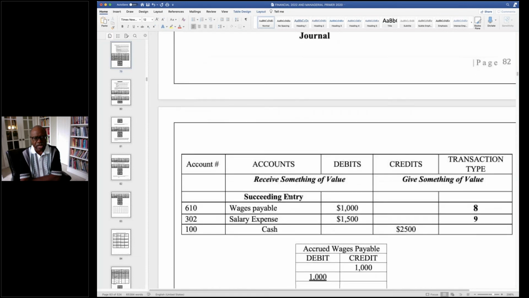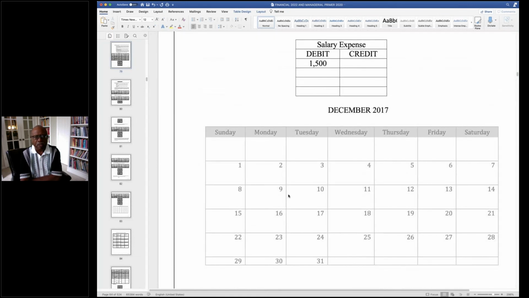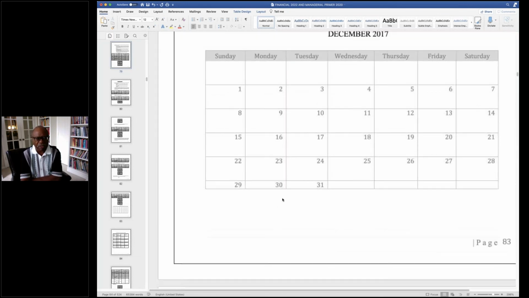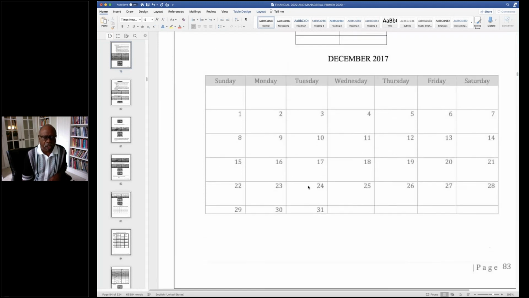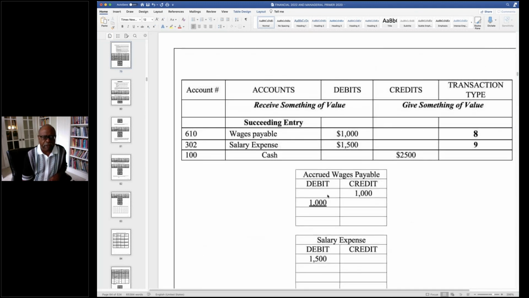So when we get into January, it's not on here, and we get ready to pay on that first Friday in January, these 2 days are paid. So the payroll, this will be January 1st, 2nd, 3rd. So when you pay on the 3rd, you're paying for 3 days for the current year, but these 2 days of the old year.